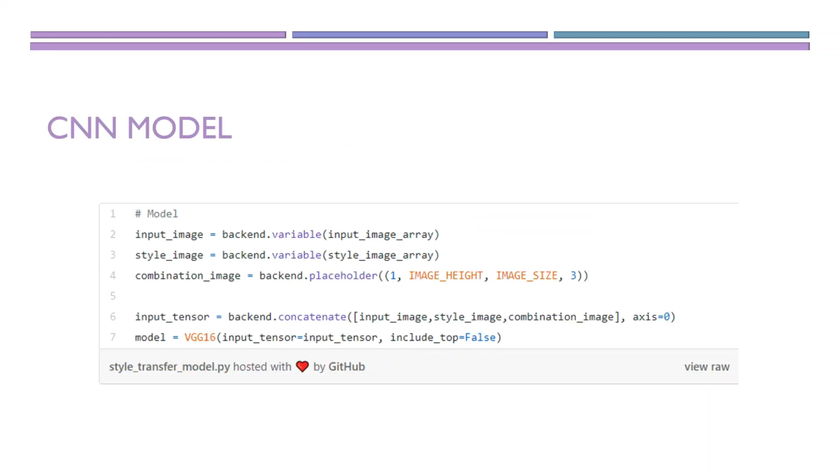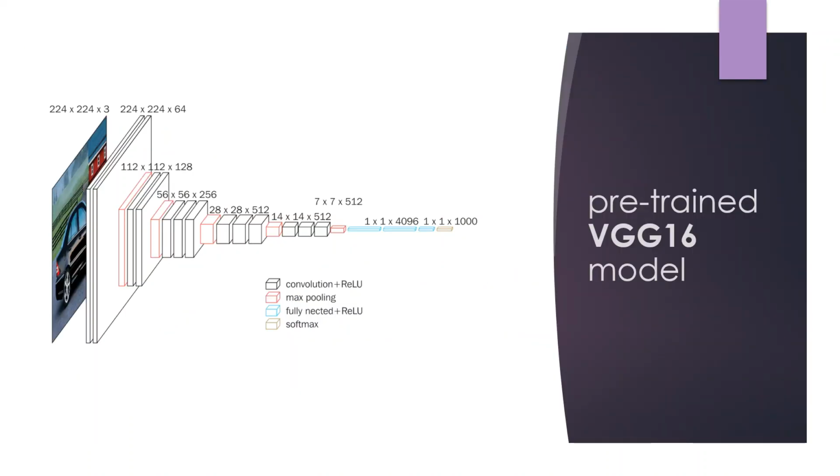Afterward, with our image arrays ready to go, we can proceed to our CNN model. In this project, we are going to use a pre-trained VGG16 model, which looks like this one. In here, we are using the black and red ones, not the others.